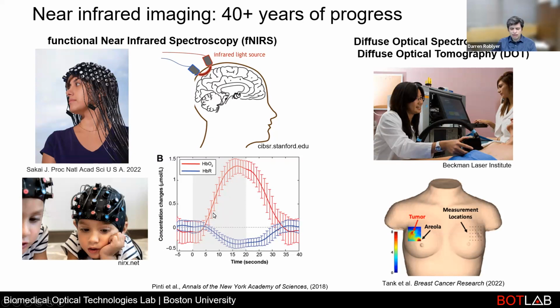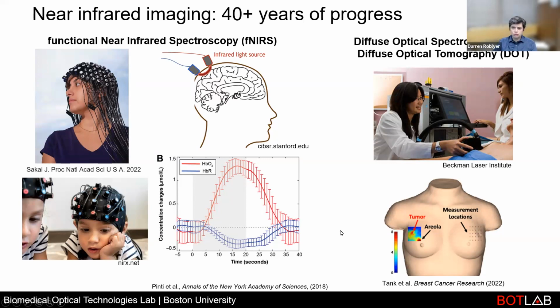And we do that by looking at changes in oxy and deoxyhemoglobin, like the one shown in this plot. And this allows us to spatially localize functional activation in the brain without a technology like FDG PET or fMRI, which are much more expensive. It also allows for measurements to be taken while subjects are freely moving.